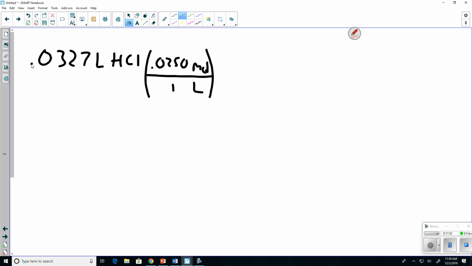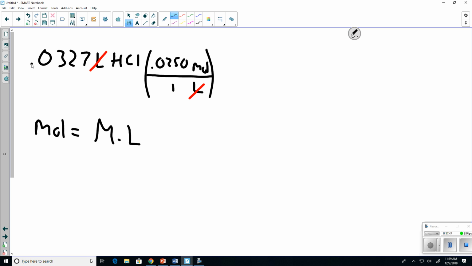Recall that liters on the top, liters on the bottom cancels out. I'd be left with moles of HCl. And if you don't like this method, you can just solve molarity times liters equals moles. I have no problem with that.